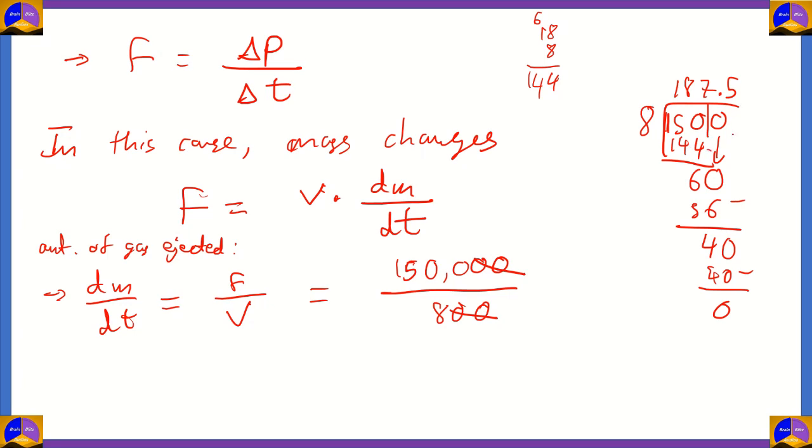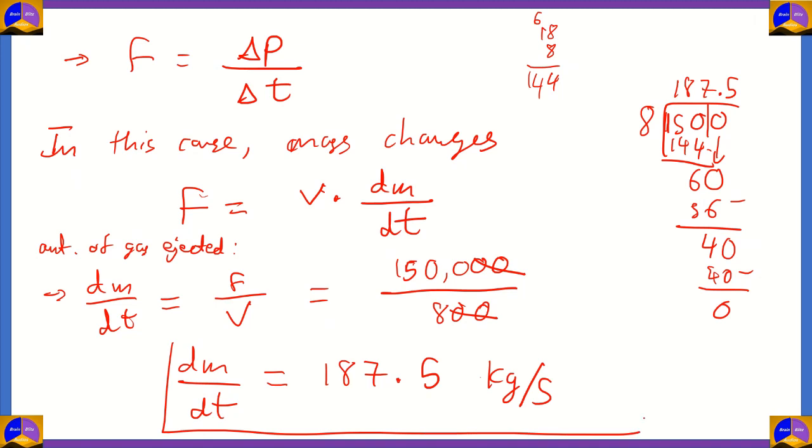So therefore, the correct answer to the value of the amount of gas ejected is 187.5 kilograms every second. So dm by dt is 187.5 kilograms per second.